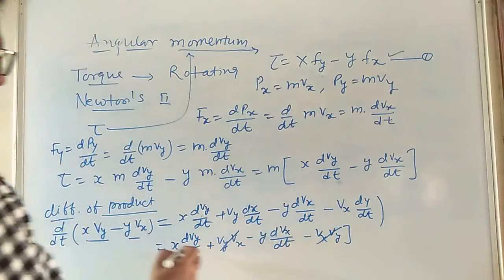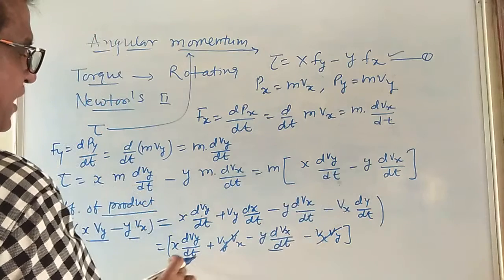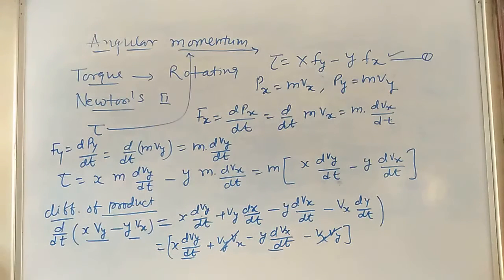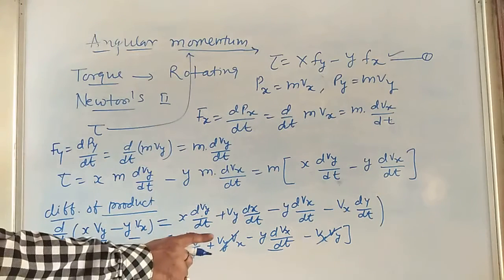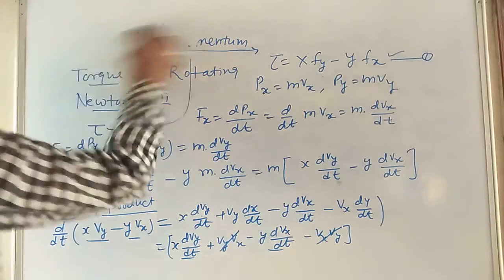This and this cancel. See that these two terms here, x dvy by dt minus y dvx by dt, is equal to this one. Is it clear? So I can put it in the above equation.